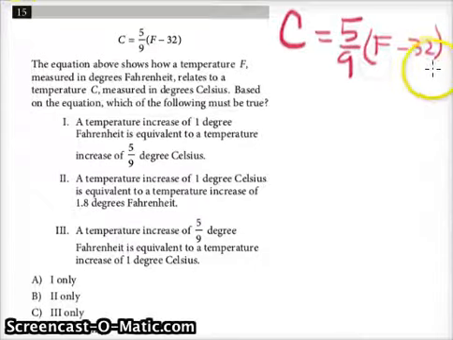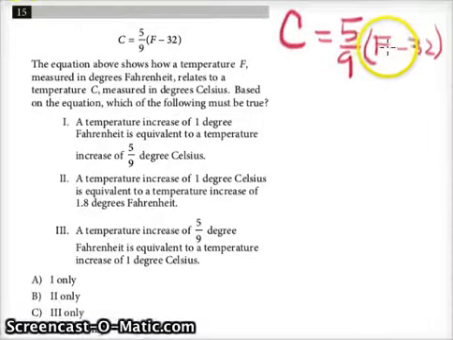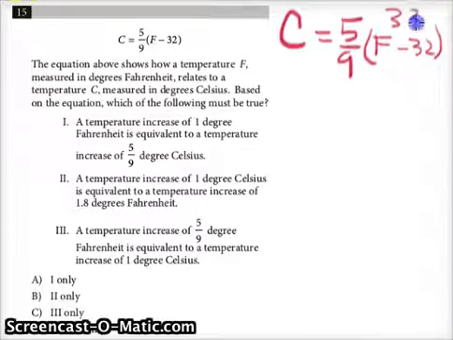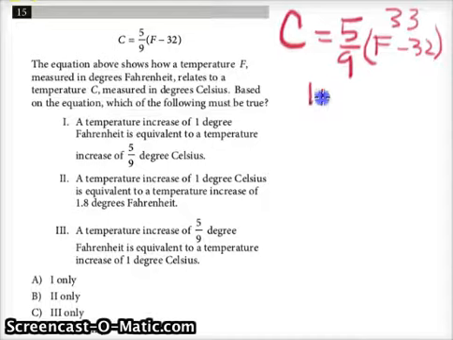Do you agree if the temperature was 32 Fahrenheit, that would be 0 centigrade, and if the temperature was 33 Fahrenheit, the centigrade would go up by 5/9, because 33 minus 32 is 1, and 1 times 5/9 is 5/9. So for every increase of 1 degree Fahrenheit, the centigrade would go up 5/9.